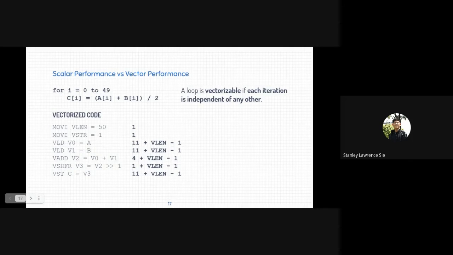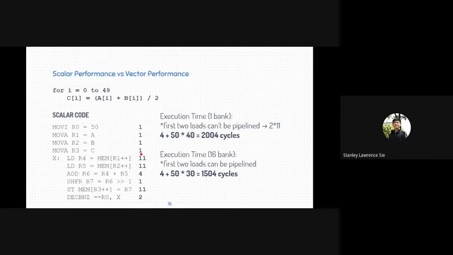Now, because the vector processor is already pipelined, for loading of memory address A to vector register 0, the first element takes 11 cycles, as what we have decided from before.